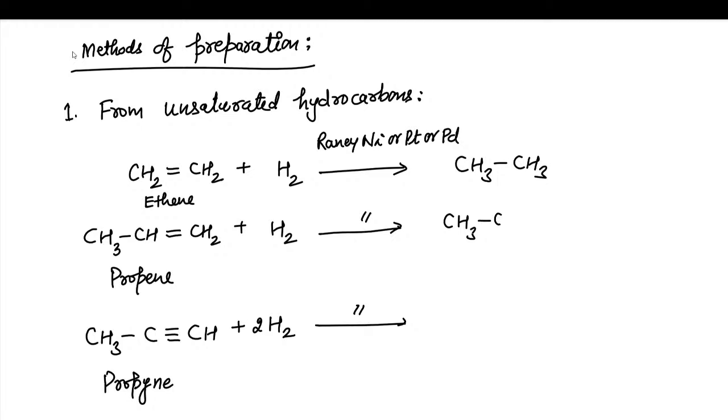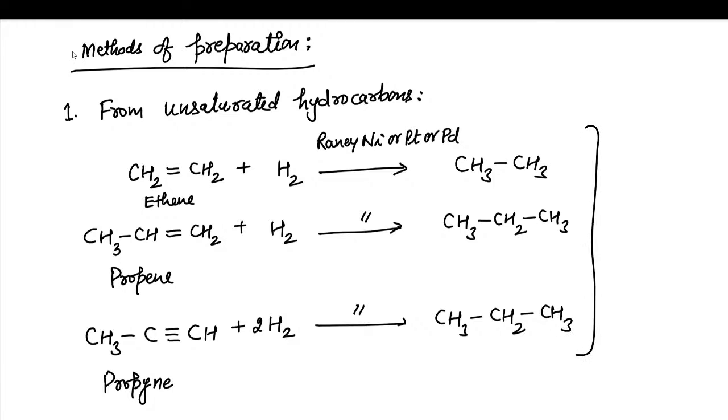In the second case, again 2 hydrogen atoms are added and the pi bond is gone, and we get sigma bonds instead of pi bonds. In this case, 2 moles of hydrogen molecule are added, and we get propane. This is one type of addition reaction.